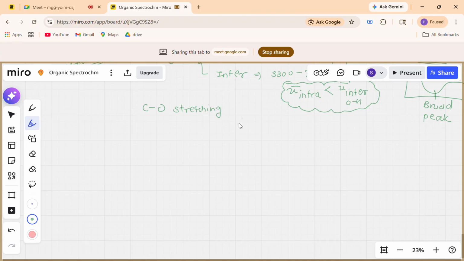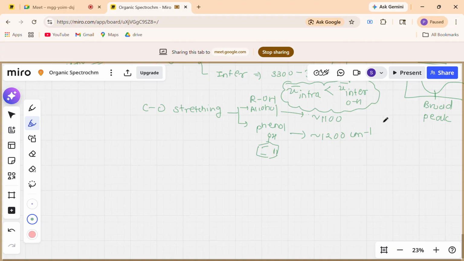Now this is about the OH stretching frequency. Now when we are talking about the CO stretching frequency in your alcohol or phenol molecule, in case of alcohol the stretching frequency will be in the region of 1100 centimeter inverse, whereas in case of a phenol it will be around 1200 centimeter inverse.